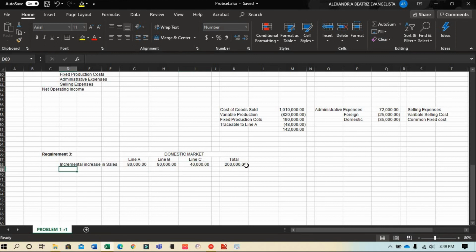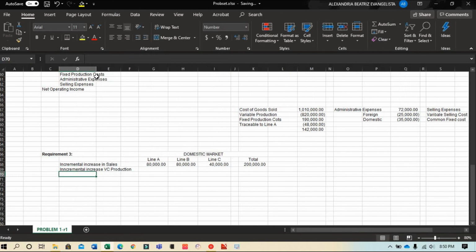And then, since our sales increased, our variable cost should also increase. So we're going to input here the incremental increase in variable production cost. Okay, let me adjust that for a while.